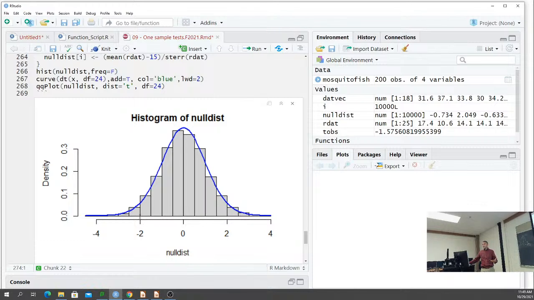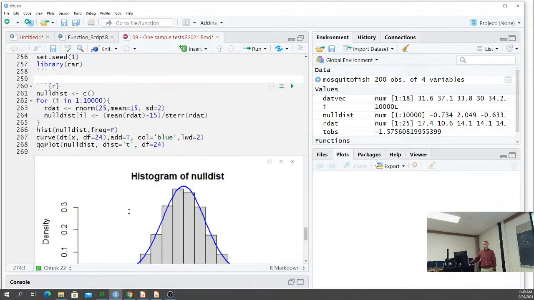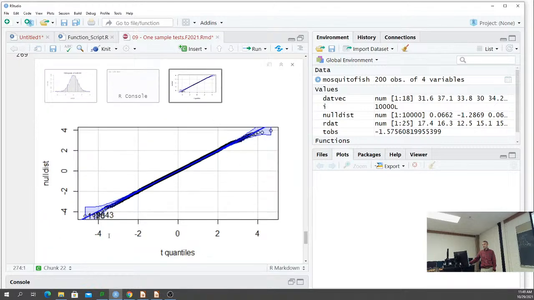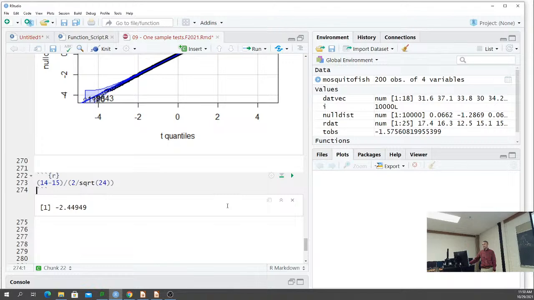But we collected something that's way out here, a pretty small value. And what's the probability of that or worse, or more extreme? That's our area. As we redo this, we'll get a bunch of different values, but everything's going to follow that t distribution.